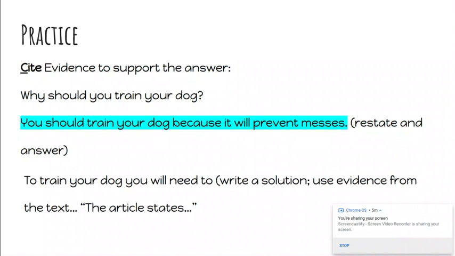Now remember, if you are writing exactly word for word from the text, you must put quotation marks around your writing. Otherwise, you are committing plagiarism, where you are stealing somebody else's words and claiming them as your own. And that is a big no-no. So you either summarize the words in your own words, or you write it exactly how it is in the article and put quotation marks around it.